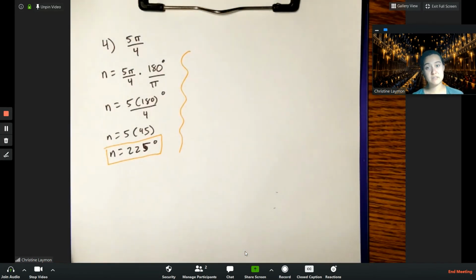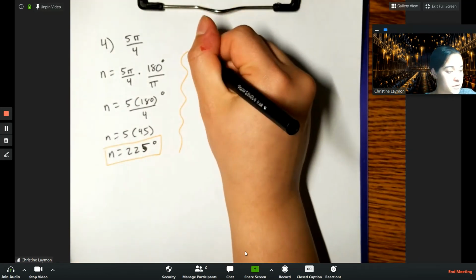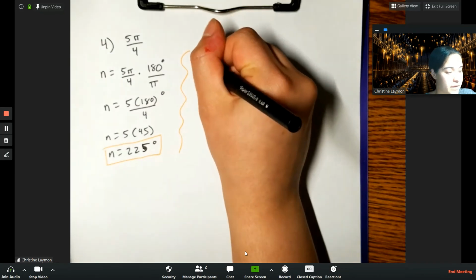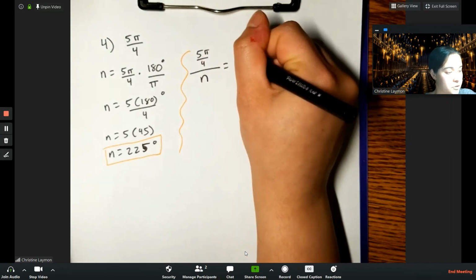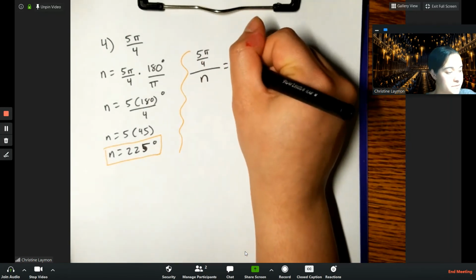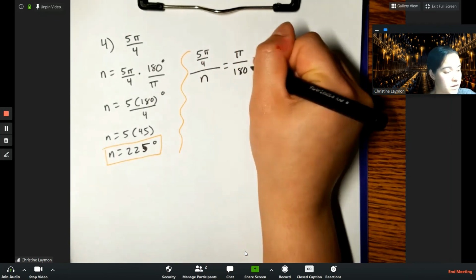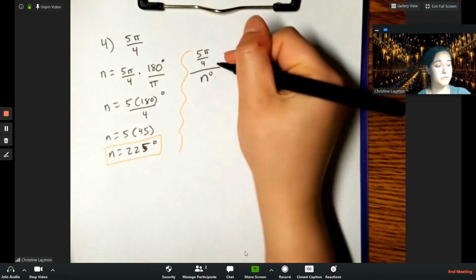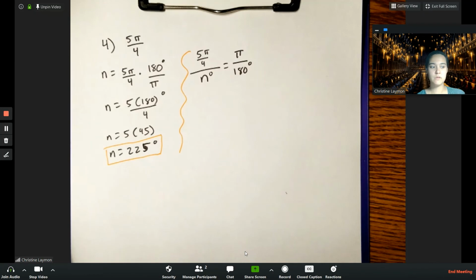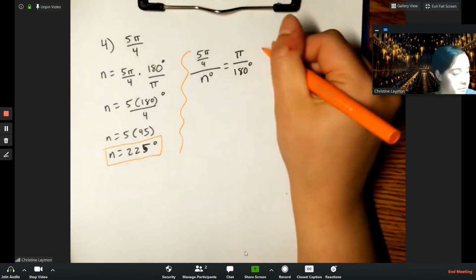And like the last one, it's going to be one of those fractions within a fraction. So I'm going to start with 5 pi over 4 over n equals pi radians over 180 degrees. And yeah, technically n is in degrees as well. And again, off to the side here, I'll show my little scratch board work.